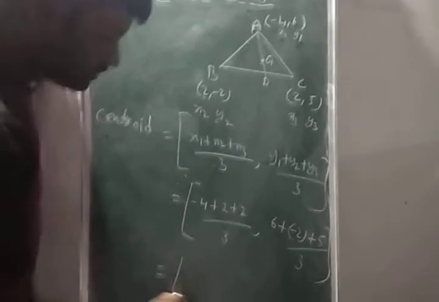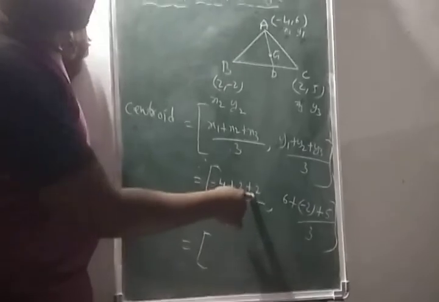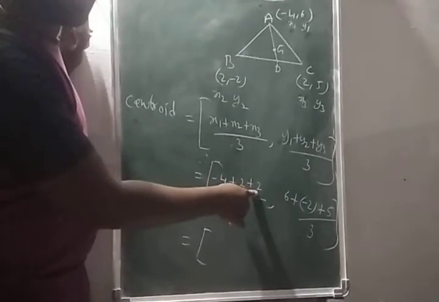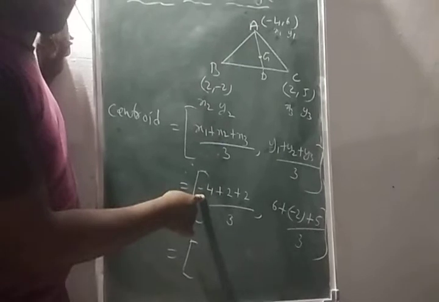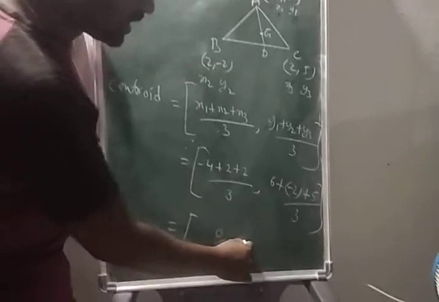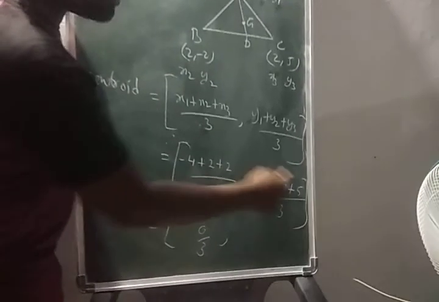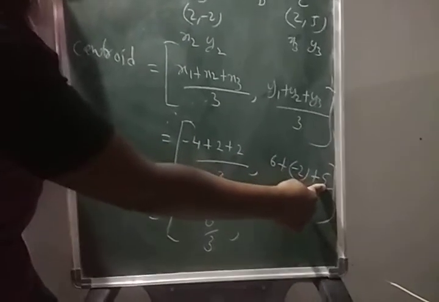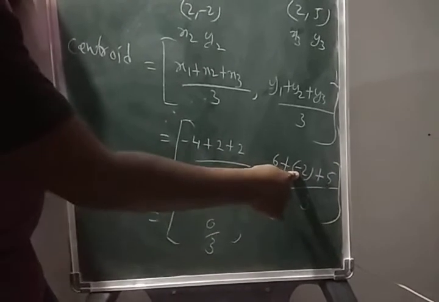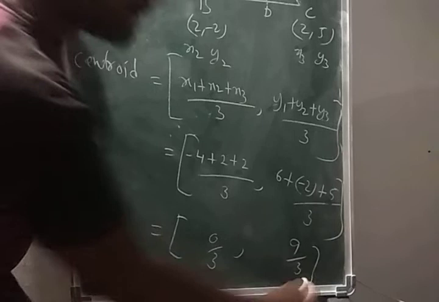Now see, -4 plus 2 plus 2. 2 plus 2 is 4. 4 minus 4 is what, Nana? That is 0. So we get 0 by 3 comma, here 6 plus 5 is there. 6 plus 5 means 11. 11 minus 2 means what? That is 9. 9 by 3.